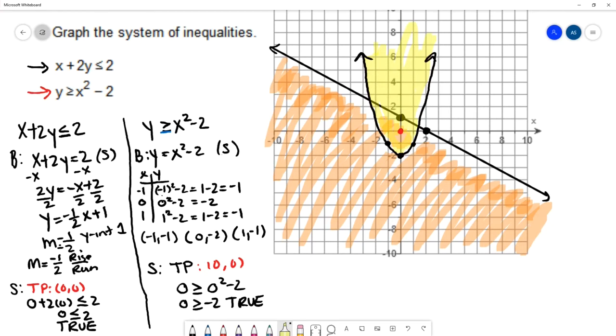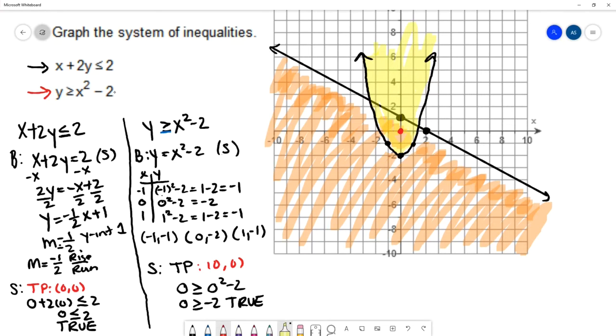And the final thing that we need to do here is to see what's in common. We graphed the first inequality, that's the line with the orange shading. We graphed the second inequality, that's the parabola with the yellow shading. And when you're looking for a system, you're looking for points that are in common with both inequalities.